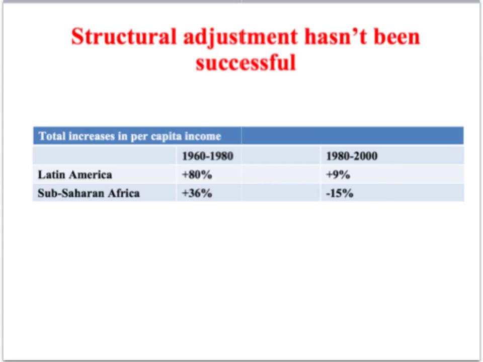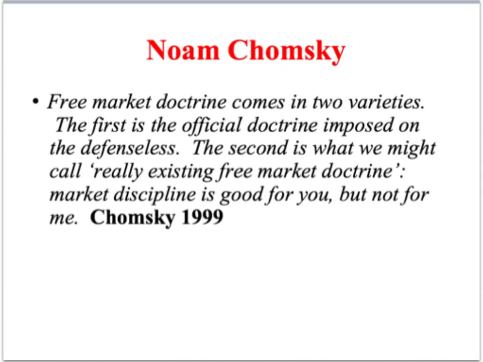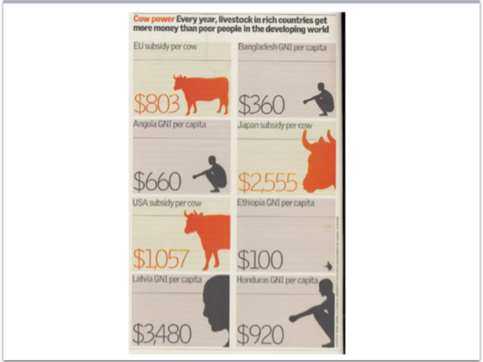And Chang argues that those regions of the world that have been the most successful in increasing their share of international trade, including the so-called Asian tiger economies, did so with very high industrial tariffs. Other left-wing critics of neoliberalism, such as Noam Chomsky, argue that the free market doctrine is selectively applied. So, for example, whilst there's pressure on poorer countries to remove trade barriers, rich countries, particularly in the field of agriculture, continue to give very generous subsidies to their own producers.